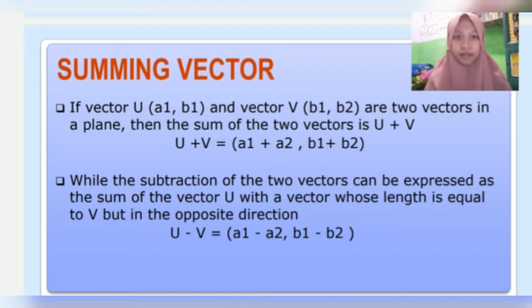The subtraction of the two vectors can be expressed as the sum of vector U with a vector whose length is equal to V but in the opposite direction. The formula: U minus V equals (A1 minus A2, B1 minus B2).